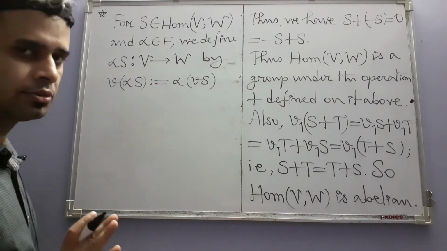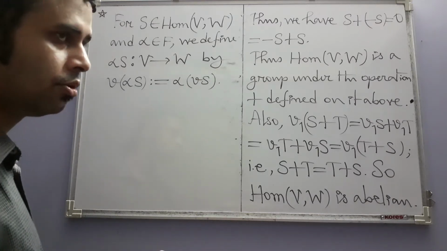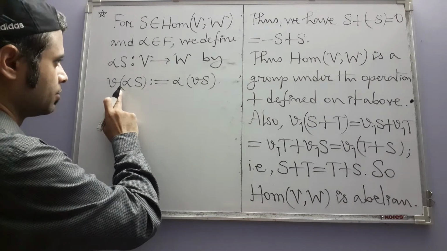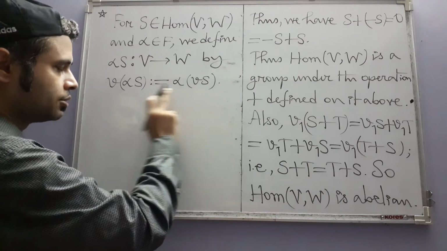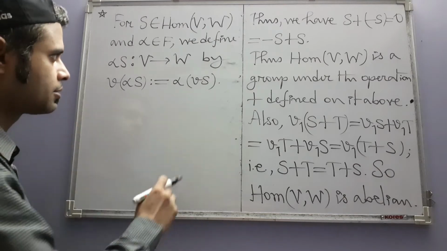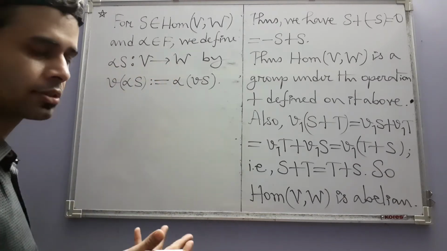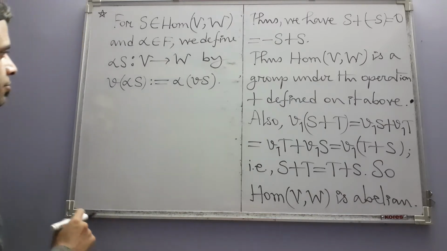So I am not going into that. I leave that to you. If you have some confusion, in fact you should go. If you never went through this type of things, you should actually think step by step how this function alpha S is a well defined function from V to W.